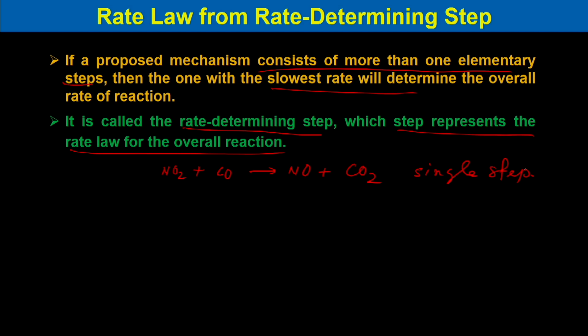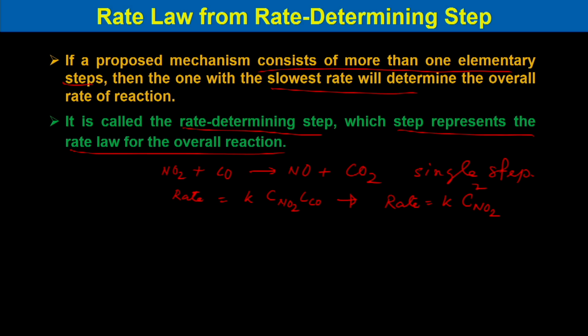In that case we can write the rate is equal to K into concentration of NO2 into concentration of CO. However, the experimental measurements show that the rate is actually K into concentration of NO2 squared.